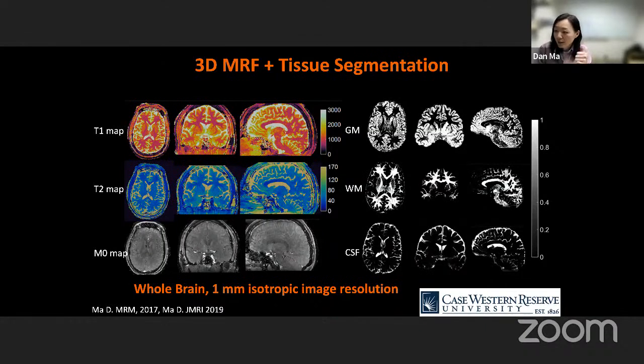So one thing is that it can be very time efficient. Another thing is that because all the results are from the same scan, those maps are inherently co-registered. So we don't need to do the follow-up image registration across different contrasts. It's just the same co-registered images.